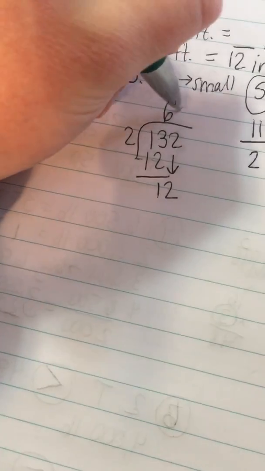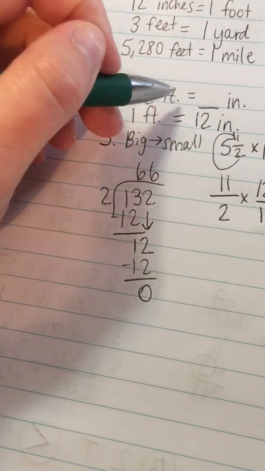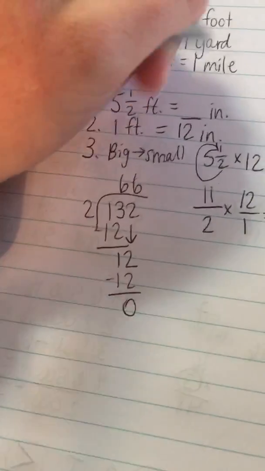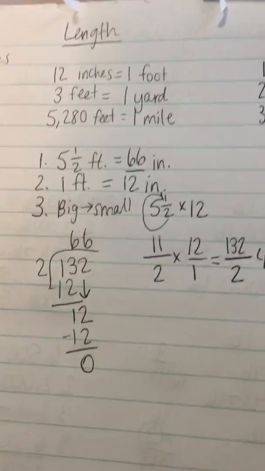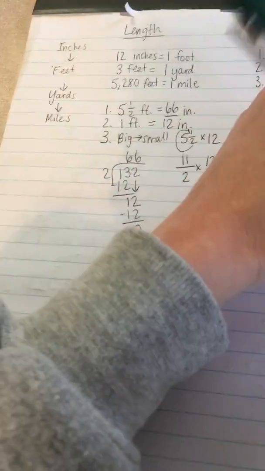Bring down the 2. 2 goes into 12, also 6 times. And when I multiply, I have no remainder. So my answer for 5.5 feet equals 66 inches. Okay? All right. So that's all the practice we're going to do with length.